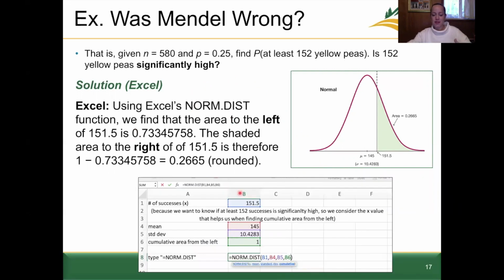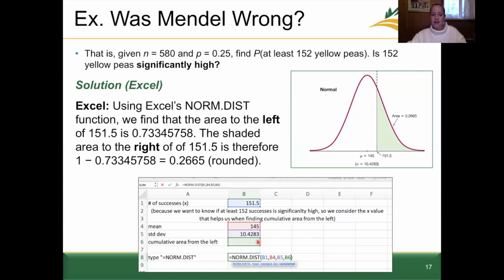To set up a normal distribution function in Excel, we need our X value of interest, our mean, our standard deviation, and that cumulative value. By applying the continuity correction and then deciding on which side of that range to shade, we've decided on the X value that we need to use, 151.5. Our mean value and our standard deviation value were calculated previously, in step 2.